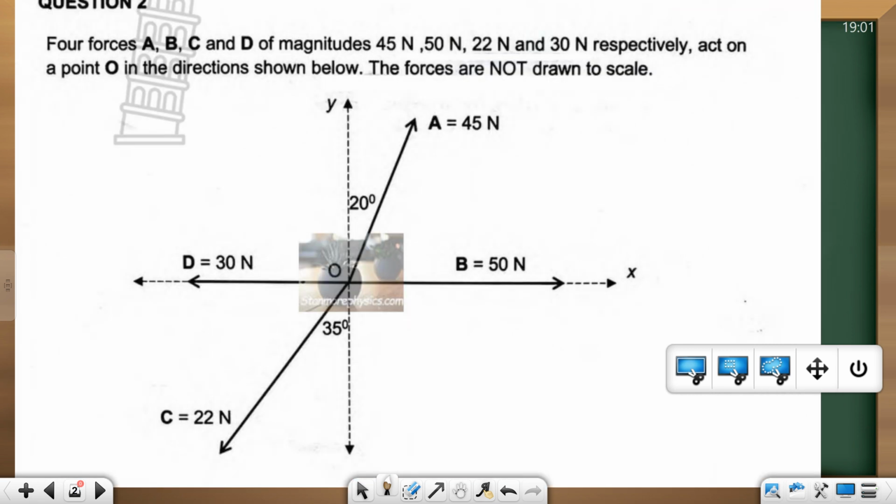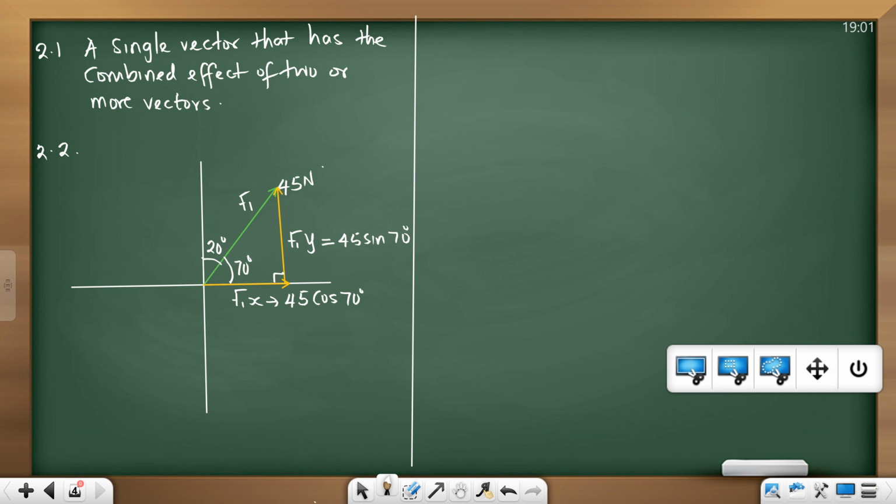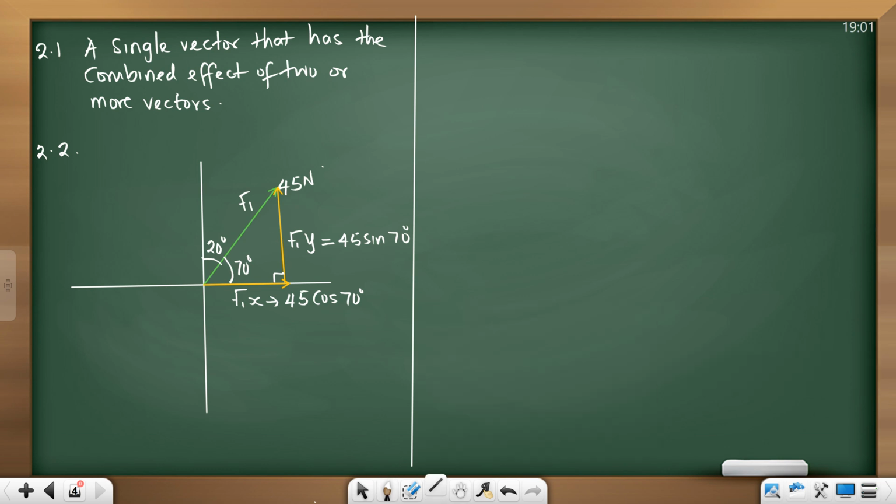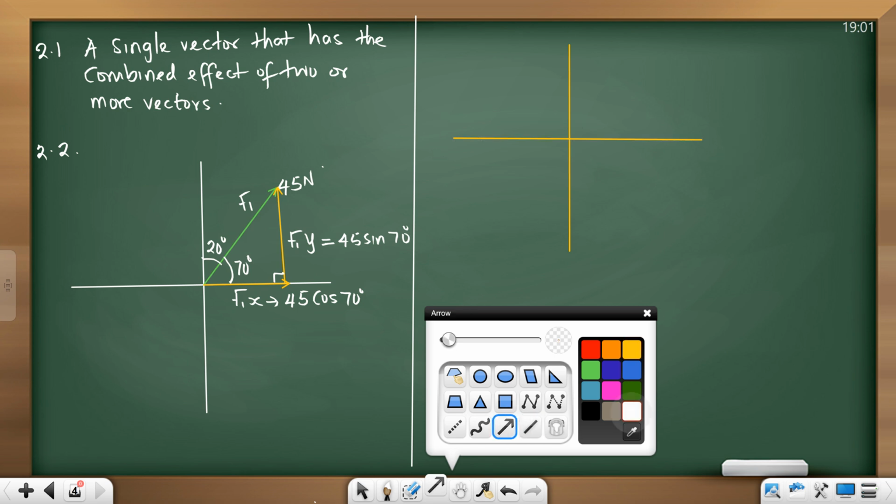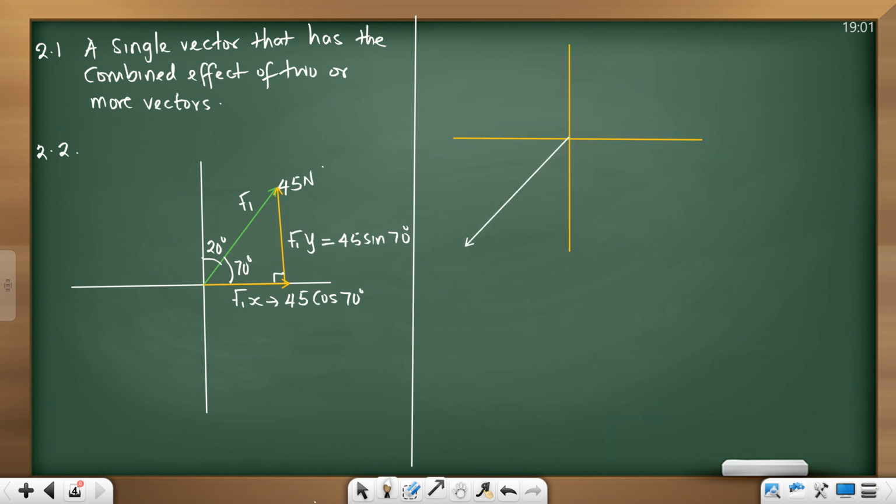The next force is 22. 22 with a 35. Okay, 22 with a 35. I want to do that separately so that you guys don't get confused. So I have that, and I have 35.